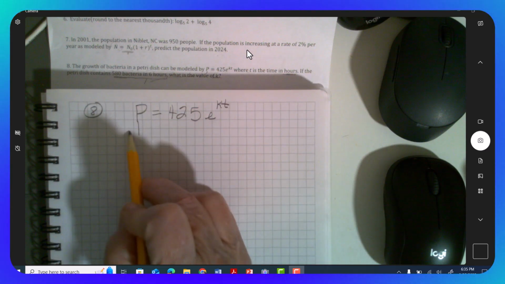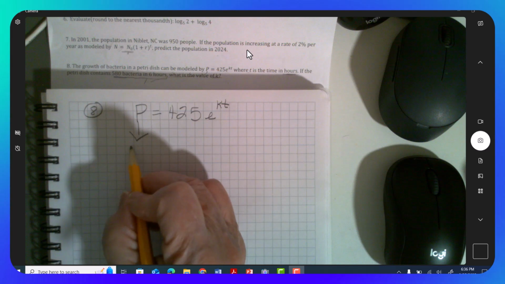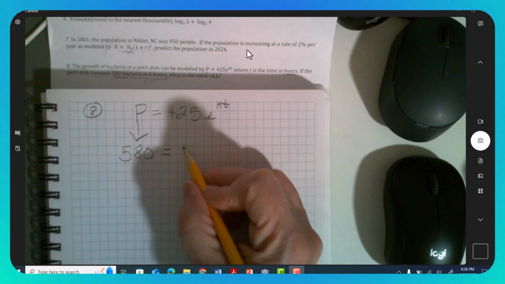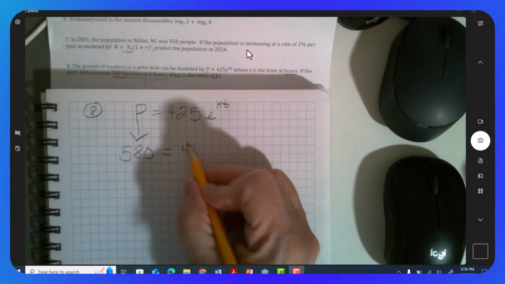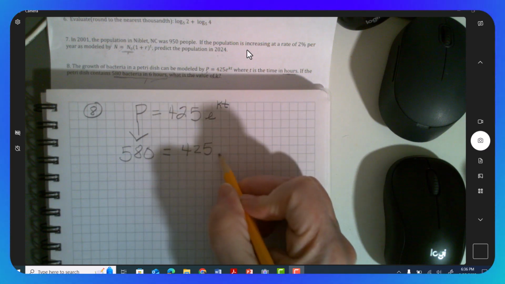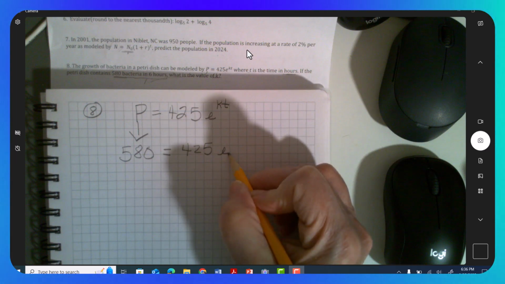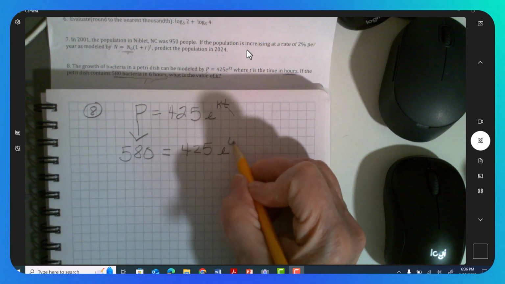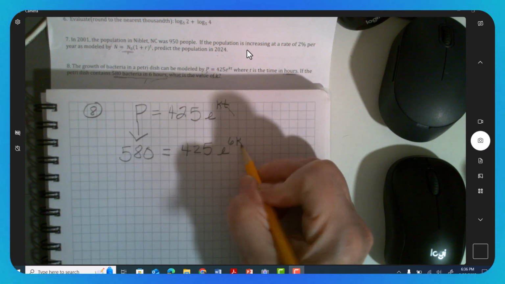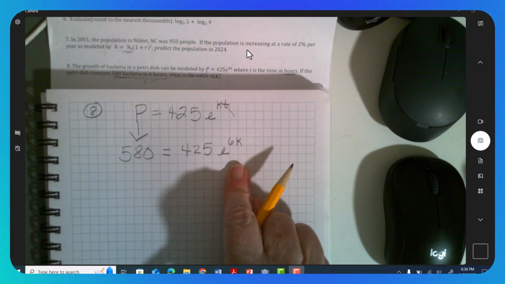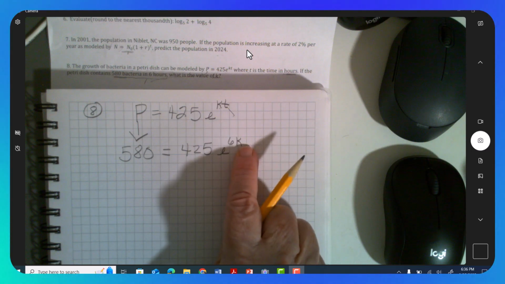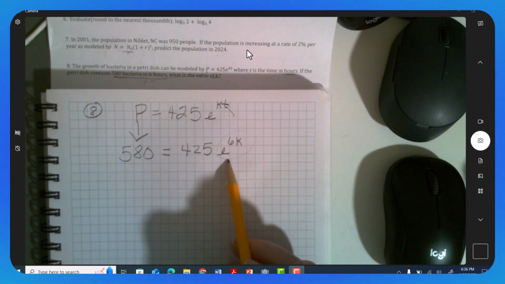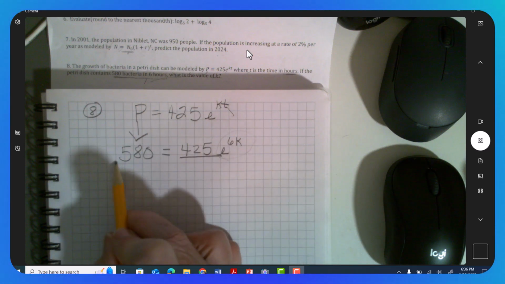We're given the total amount, 580, after 6 hours, equals the initial amount 425 multiplied by e, and we're going to raise that to the k times t, and time is 6, so I'm going to put 6 times k, write it this way. Now we need to solve for k, and it is an exponent, so we need to isolate this part right here. So let's divide both sides by 425.